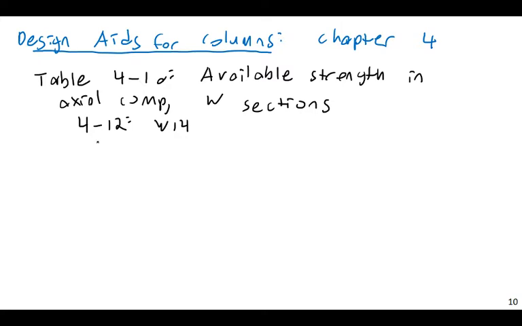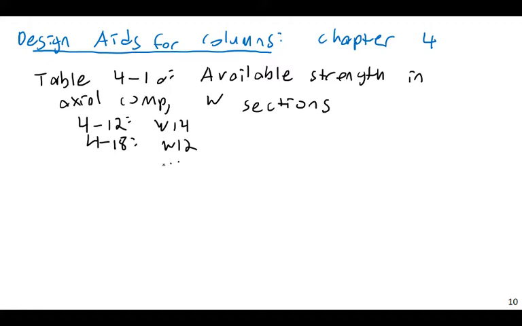W14s on, let's say, page 4-18. They have W12s. And so this whole page, for example on 4-12, covers W14 sections. This entire table is about nothing but W14s, and then in the different columns they have this listed for various individual W shapes.